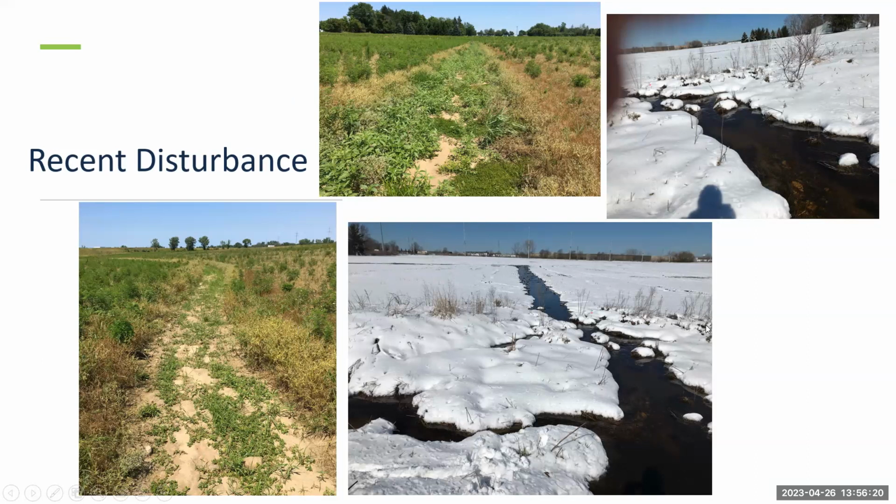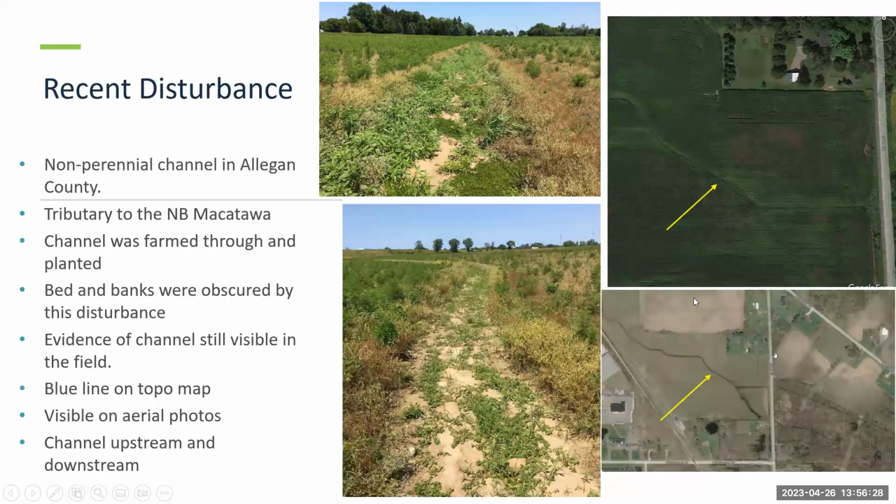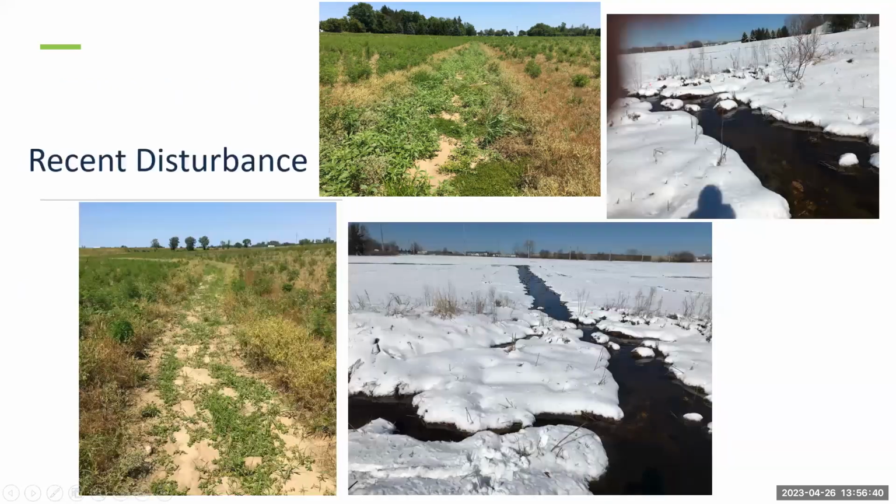So time of year definitely does make a difference, as well as using some of the other tools that are at your disposal to look for these stream channels and where a stream channel might be located and where you should look for the features and the characteristics.